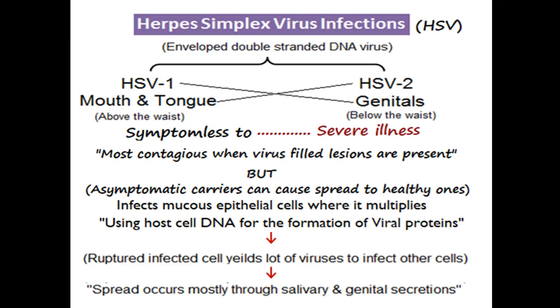Now, the symptoms and the seriousness and severity of the herpes infection range from annoying to very serious and painful illness. So there can be a range from symptomless disease to a debilitating, very painful, severe illness.